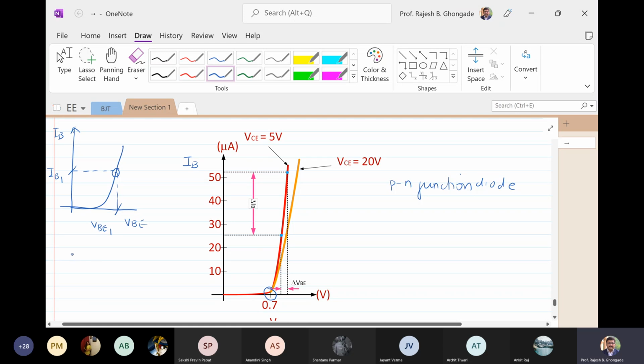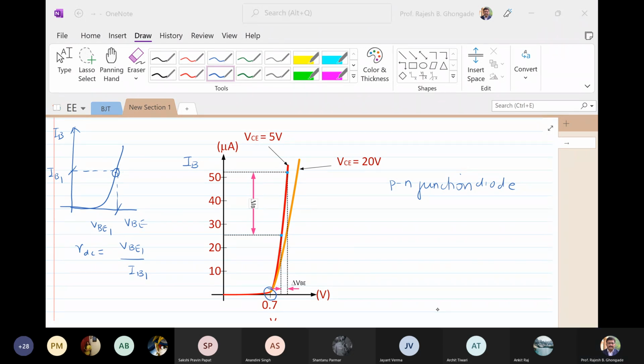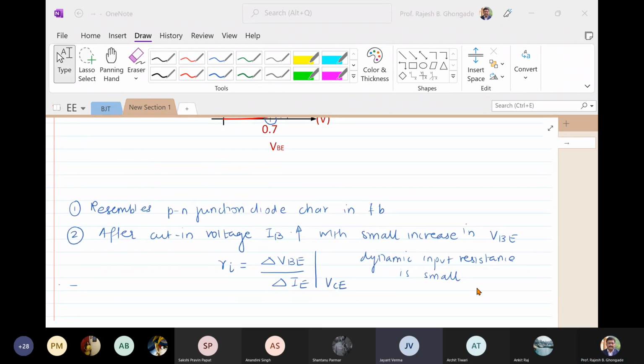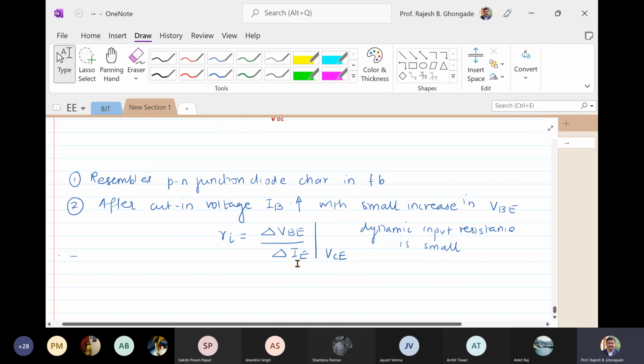Then my static resistance or DC resistance will be R DC equal to VBE1 by IB1. Whereas if I want to find the dynamic resistance, it will be delta VBE by delta IB, the change here. So that is the meaning of dynamic resistance versus static resistance. Are you getting it now?